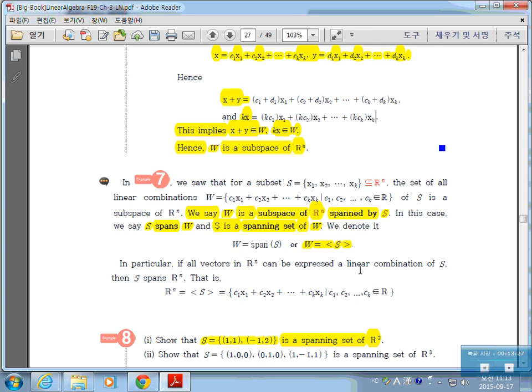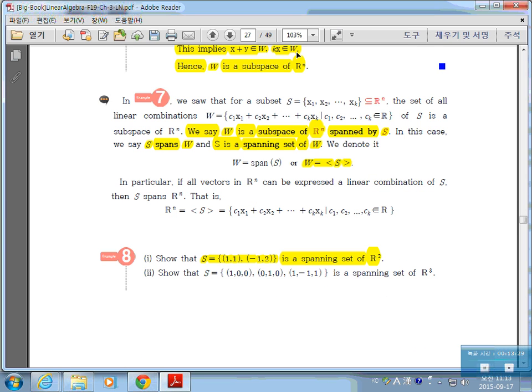Here, the set W written this way is called a spanning set. We say W is a subspace of Rn spanned by S, which is a set of vectors.